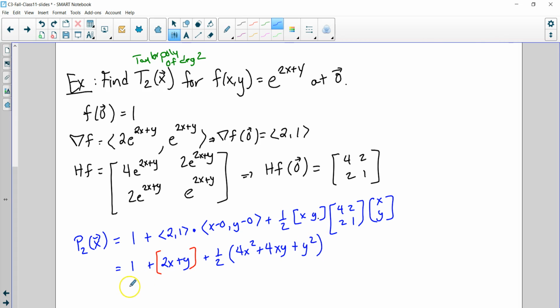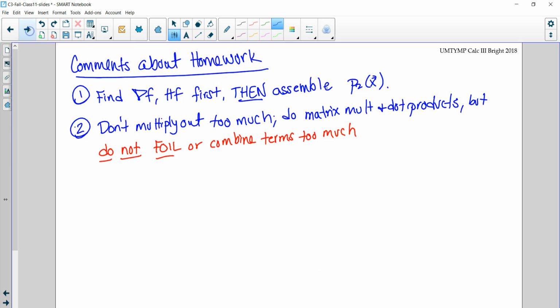And that's all the further simplified I would really like it. If you have to distribute the 1/2, fine. And then I think I just have a few more comments about your homework.